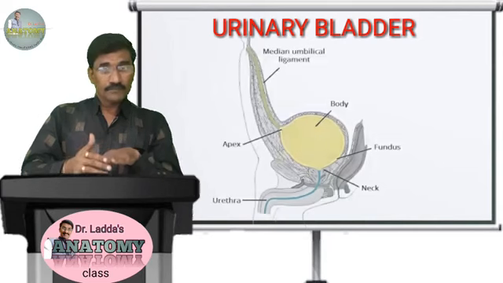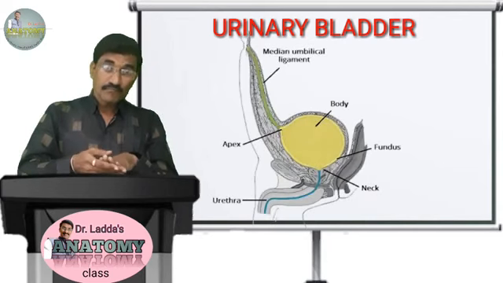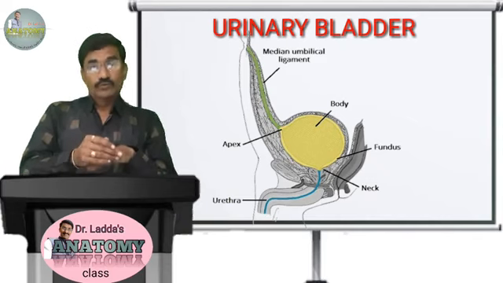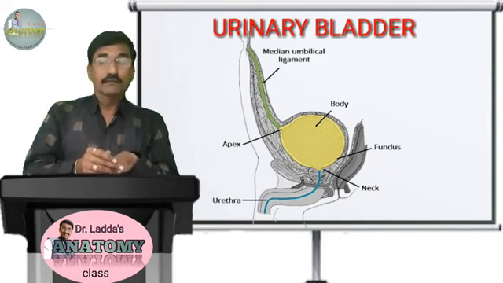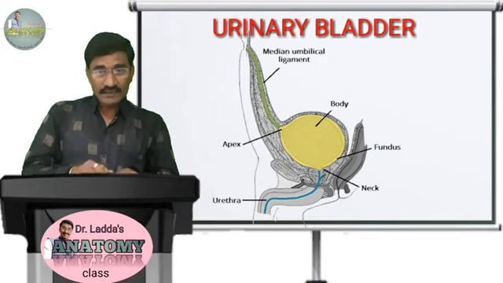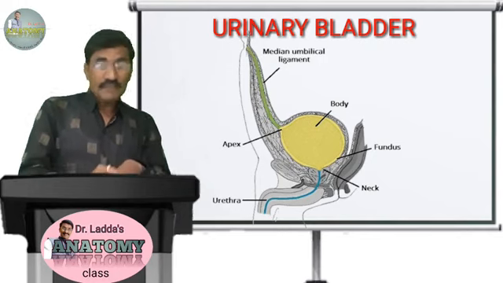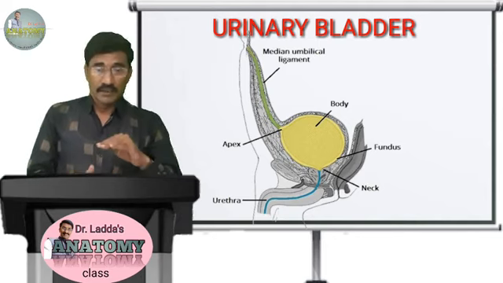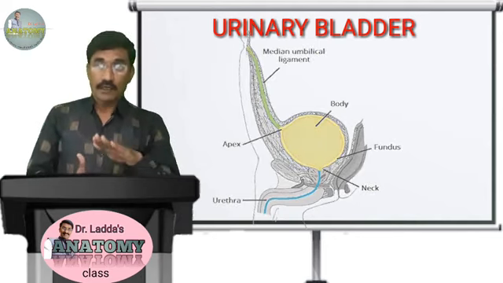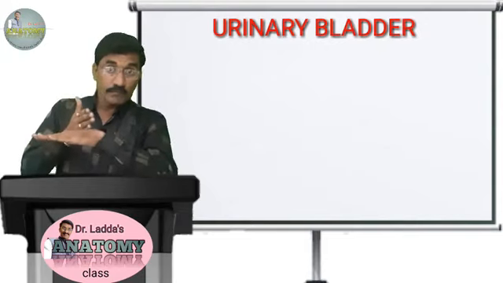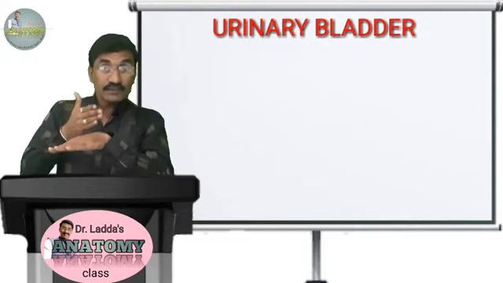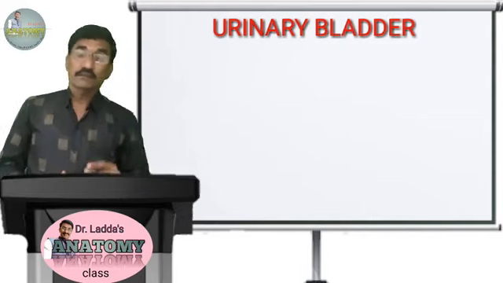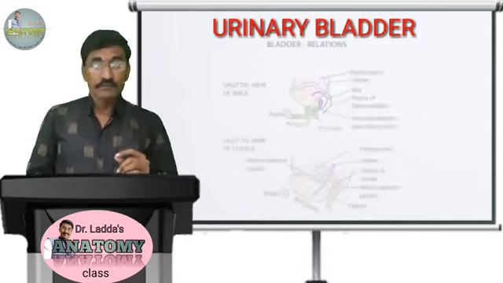We know the apex of the bladder is attached to the umbilicus by a ligament that is called the median umbilical ligament.